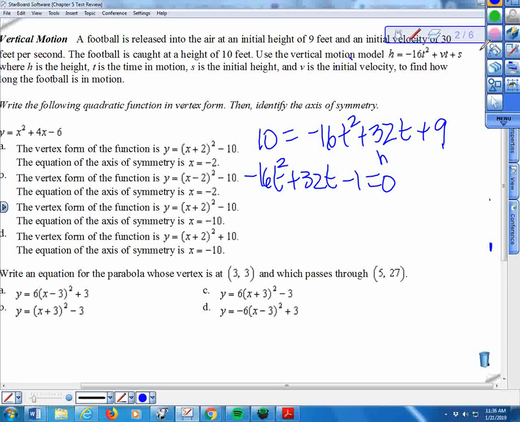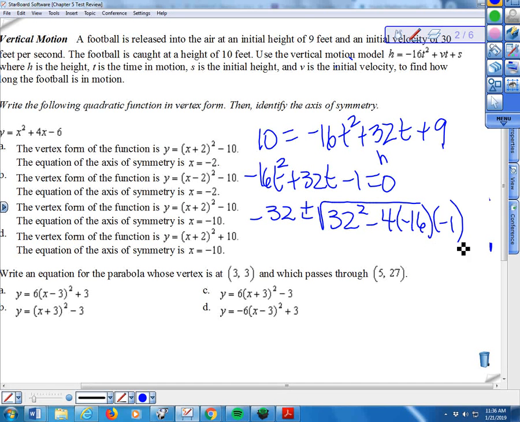Do I know how to do that? Yeah. I could sit here and try and factor it, or I'm just going to jump to the quadratic formula. Sometimes that's easier. Okay. Negative b plus or minus the square root of b squared minus 4ac, all over negative 32.